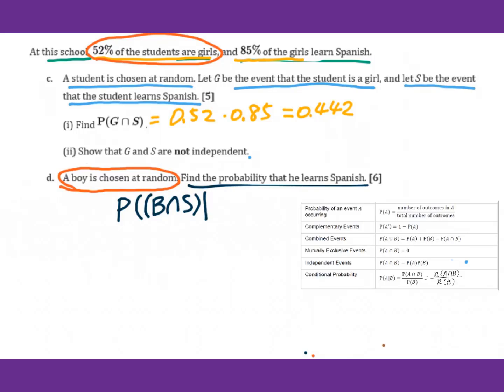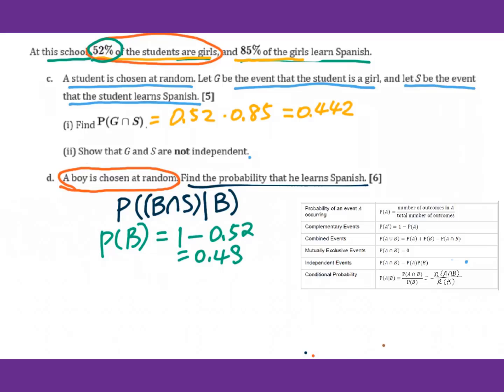Then it's given that it's a boy. So you have to figure out the probability of a boy first. We're going to use 1 minus. Since 52% of the students are girls, you will get 1 minus 0.52, you get 0.48.